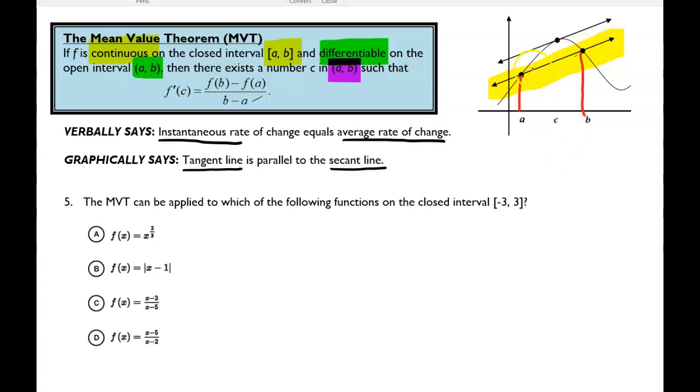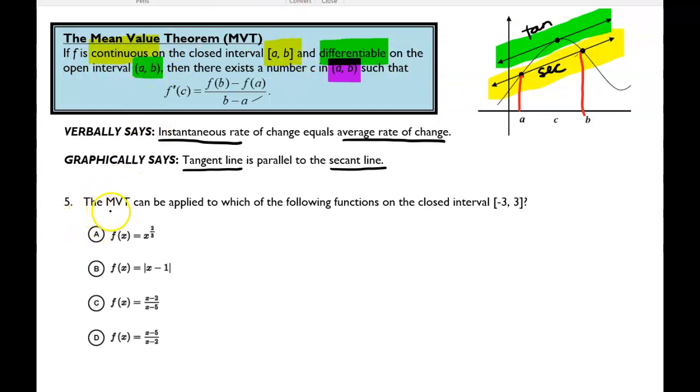At some point in between a and b, I would have a tangent line that is parallel to my secant line. Up here is my tangent line, here's my secant line. Somewhere there, I would have a tangent line parallel to my secant line, as long as my graph is continuous and differentiable.